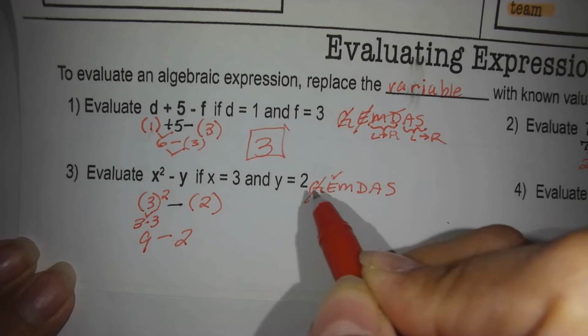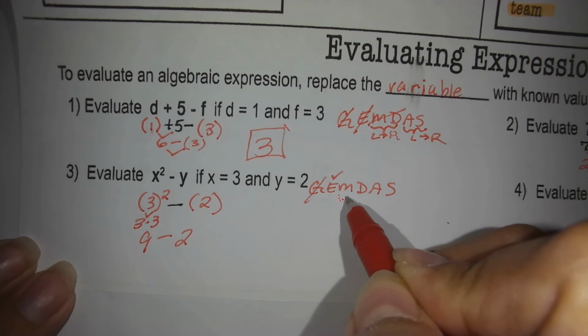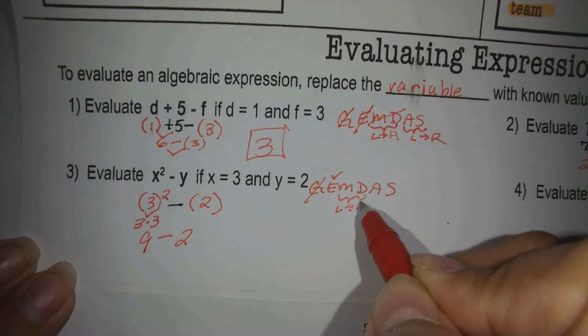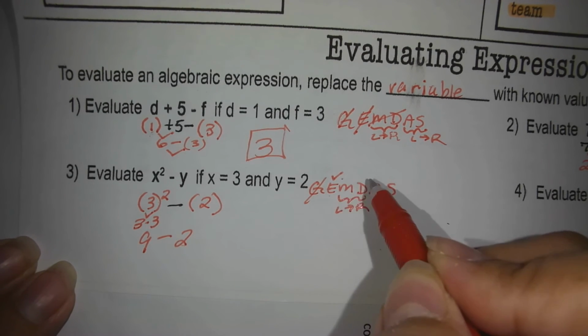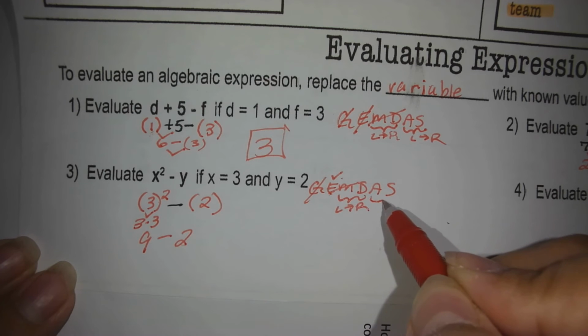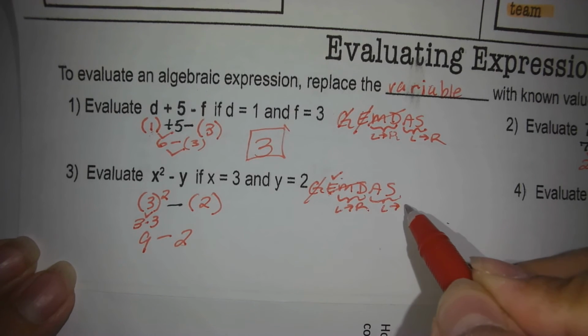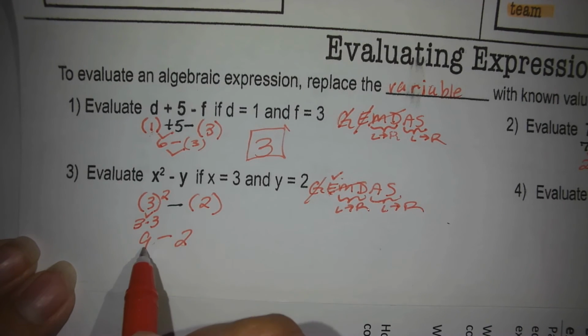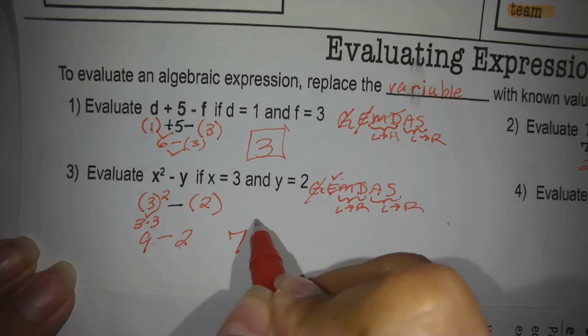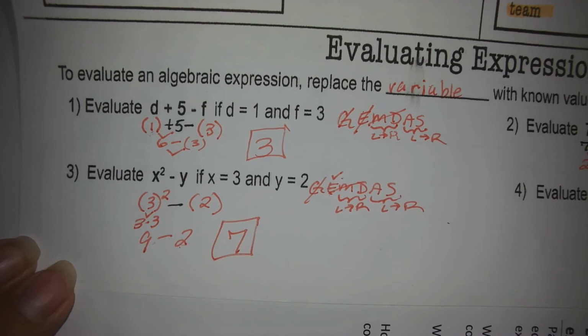So exponents done. Any multiplication or division? Remember, left to right. No. Any addition or subtraction? Remember, that goes left to right. We have subtraction. So what's 9 minus 2? 7. Done.